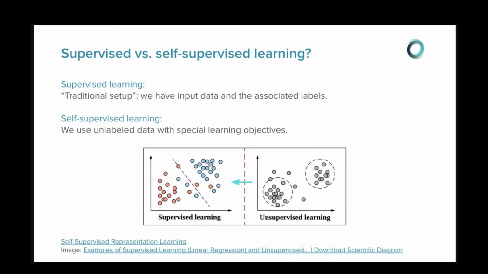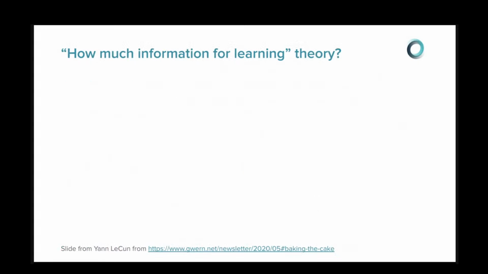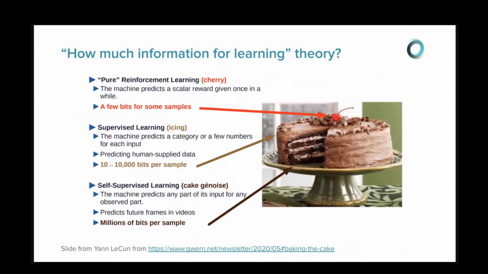Before we dig into the methods in detail, I just want to show you a very nice slide, or actually two slides, from Yann LeCun. I guess they give a nice view on the topic, because here he compares it to a cake. The cherry in this picture is pure reinforcement learning. If you don't know it, it's not a problem.